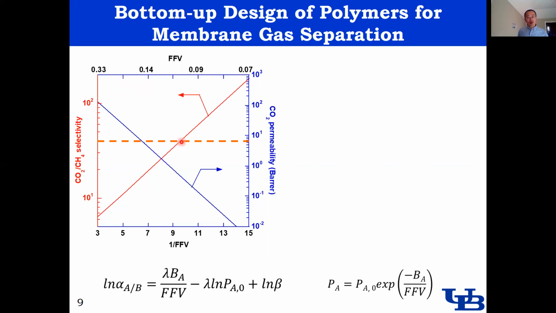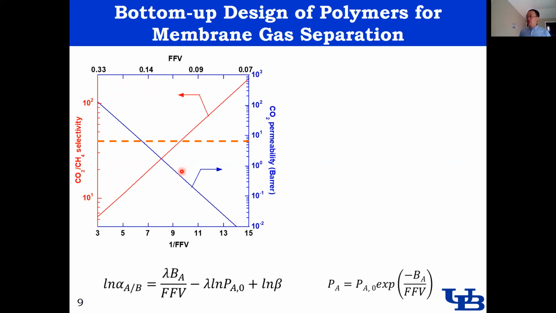And with that fractional free volume, we could predict that the CO2 permeability is very likely to be between 0.1 and 1 if we're going to achieve that sort of selectivity. So at least it gives us some sort of order of magnitude estimate of the trade-off between permeability and selectivity if we're going to design the material for this application.